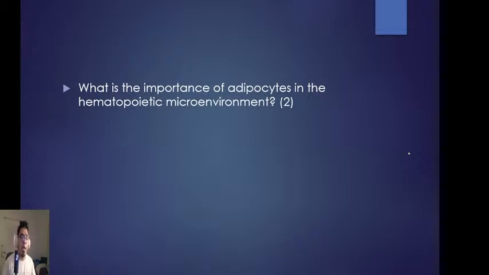During erythropoiesis, it's important to have a specific number of cells or a specific volume in the bone marrow, because if there's no volume from adipocytes, the cells will not be allowed to push out. There's a microenvironment inside, hence the term microenvironment.